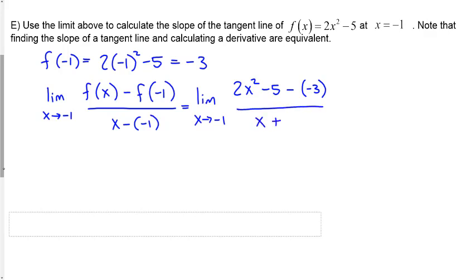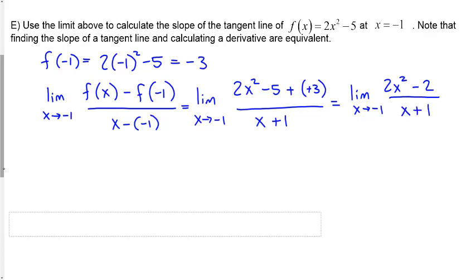All right, so if subtracting -3 is the same thing as adding +3, that would give me the limit as x approaches -1 of 2x squared minus 2 divided by x plus 1.